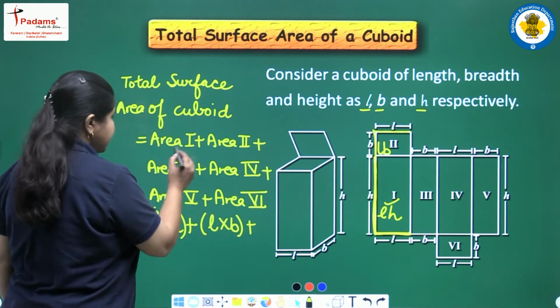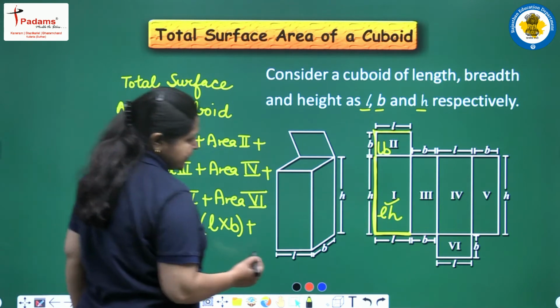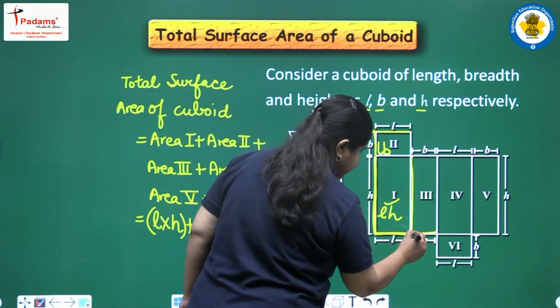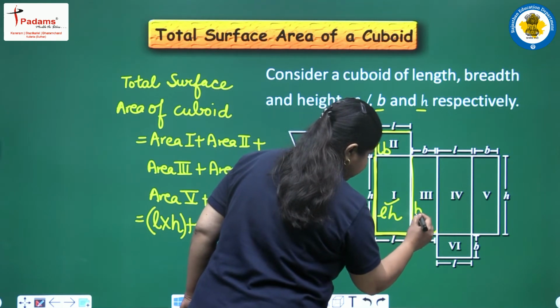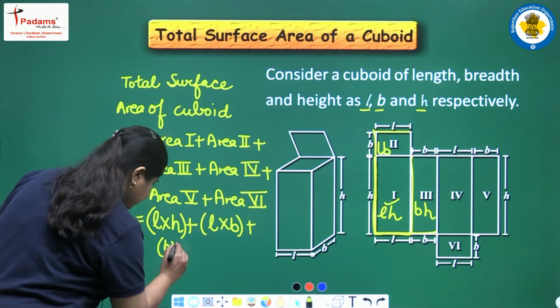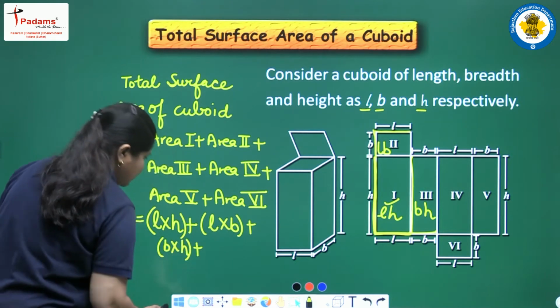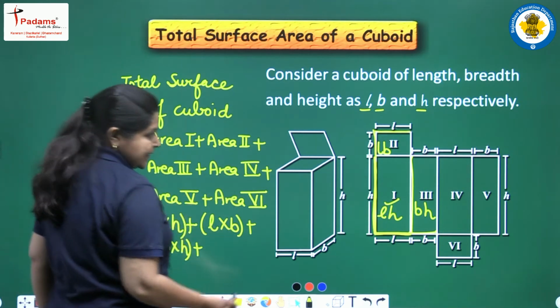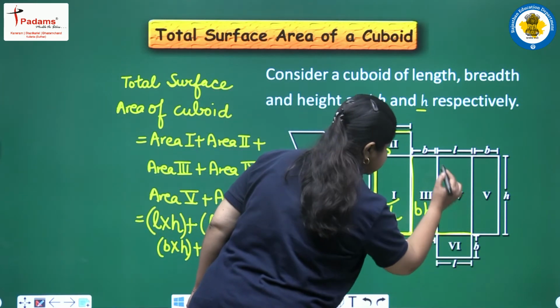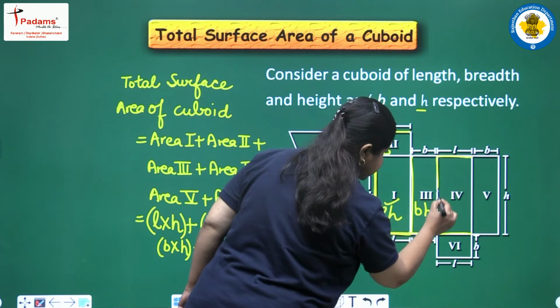Plus now area of the third face. Just have a look. Here we have B and here we have this one as H. So this is nothing but B into H. So we write here B into H. Plus now area of the fourth face. ये है fourth face. Here you can see this is again your length and this is your height.